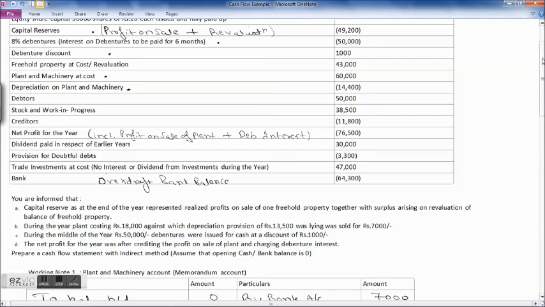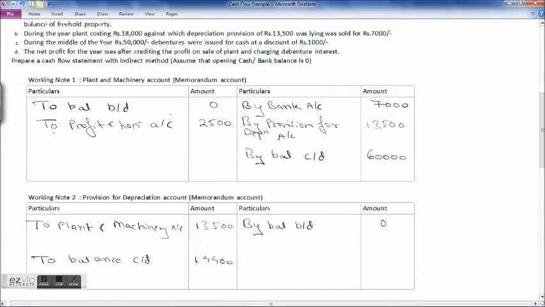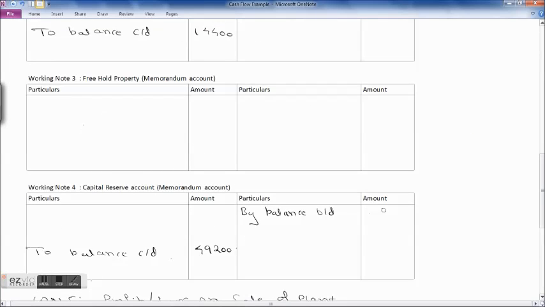So freehold property, again since this is a memorandum account, to balance carried down 43,000. Okay, now this 43,000. Now what is the capital reserve balance? Capital reserve balance is 49,200.